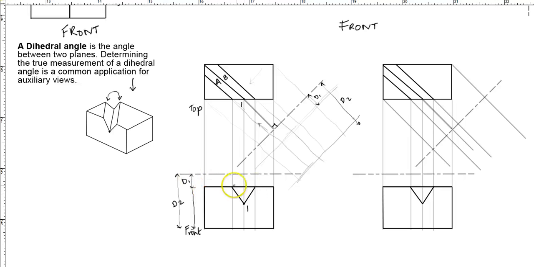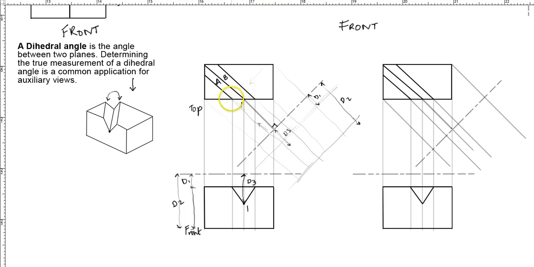So I will measure distance from here till here, which is going to give me D3, which is point number 1. Then I'm going to measure the same distance from the reference plane till here, from there till here. This is D3.